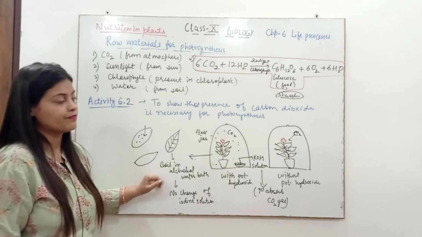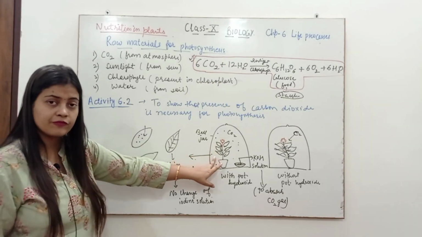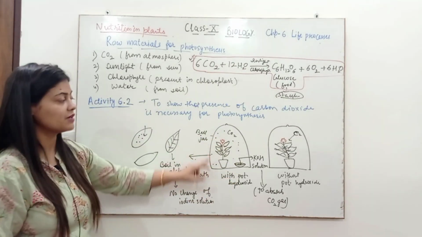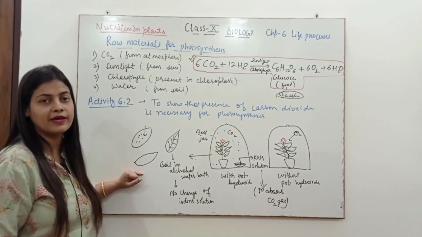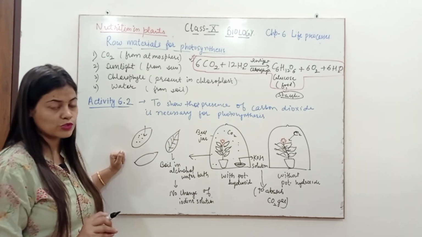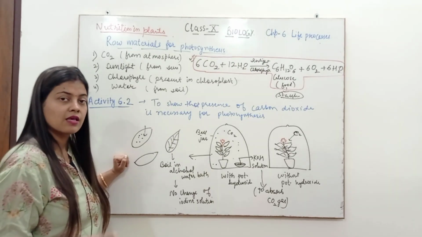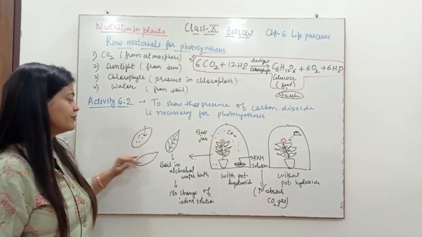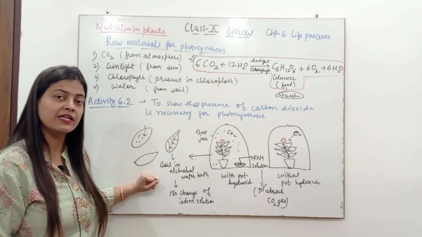What does it show? It shows that the plant which was inside the bell jar without carbon dioxide was not preparing any starch. It means it is not performing photosynthesis because there was no carbon dioxide, and we have proved it with the help of the iodine test.